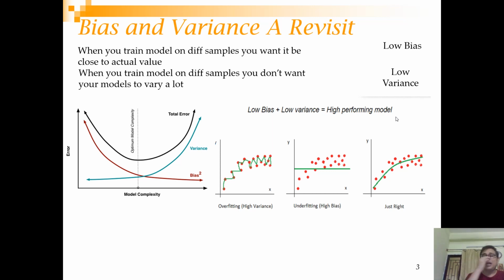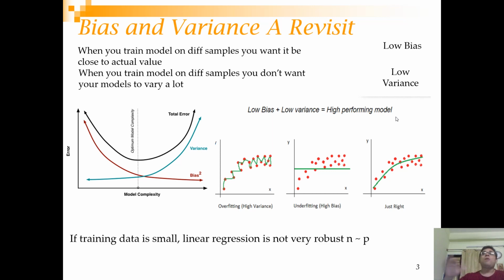The second scenario can be when your n is comparable to p. What is n? N is your number of training observations. What is p? P is your number of independent variables. You may wonder, does it happen in real life? Of course.